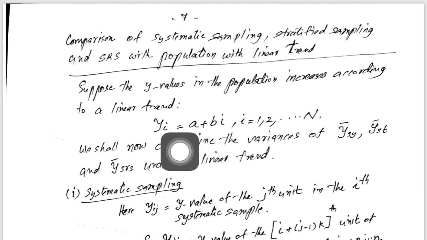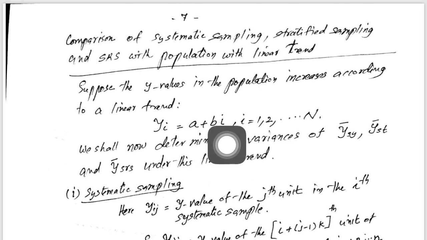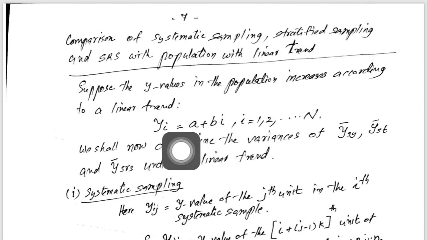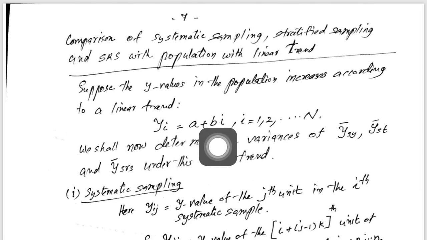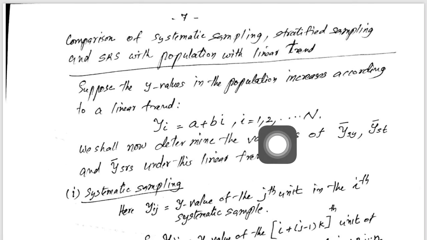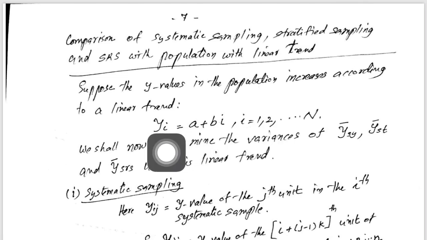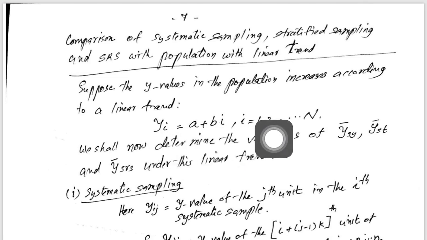So this means the first unit will be equal to a plus b into 1. The second unit will have a y value equal to a plus b into 2 and so on. That means it has a clear linear trend.